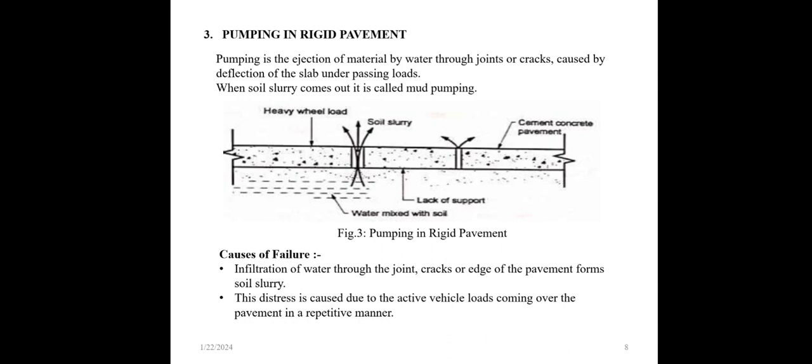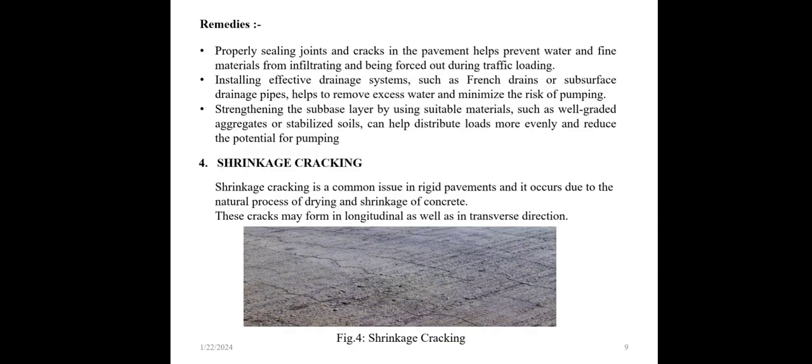This distress is caused by active vehicle loads coming over the pavement in a repetitive manner. Remedies: properly sealing joints and cracks in the pavement helps prevent water and fine material from infiltrating and being forced out during traffic loads. Installing effective drainage systems such as French drains or subsurface drainage pipes helps to remove excess water and minimize the risk of pumping.